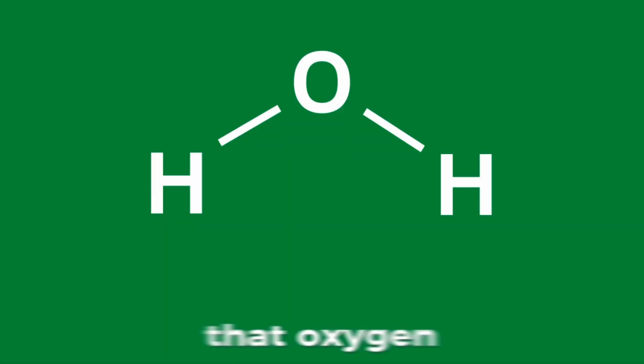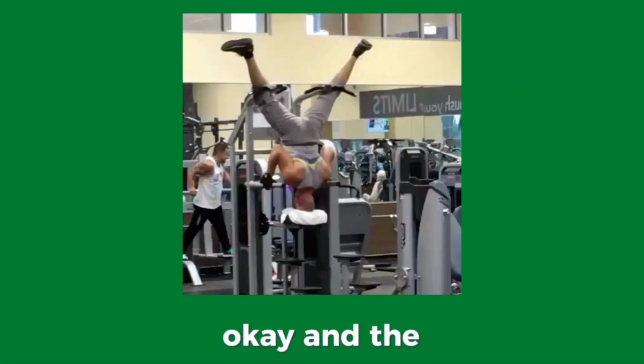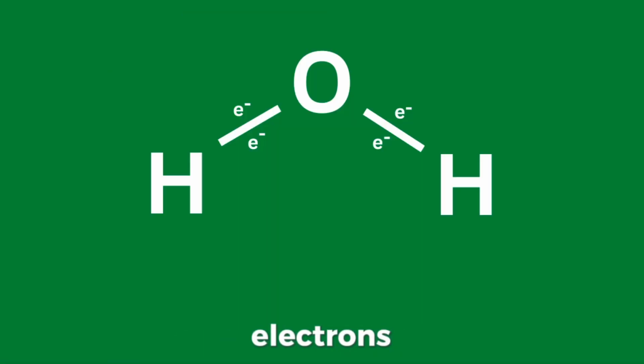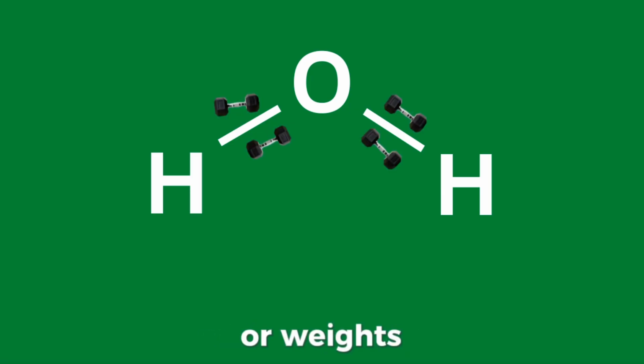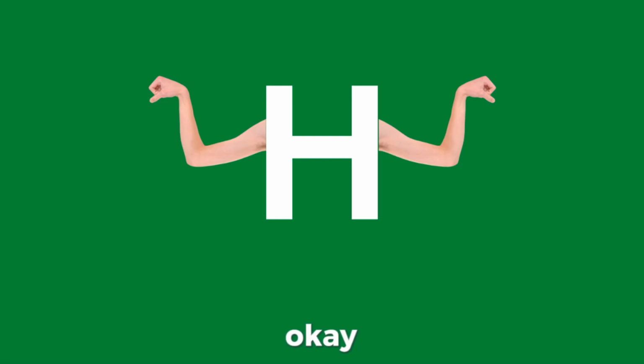So let's pretend that oxygen and hydrogen are both going to the gym, and the electrons are like dumbbells, weights. Now, oxygen is much stronger than our puny little hydrogen.